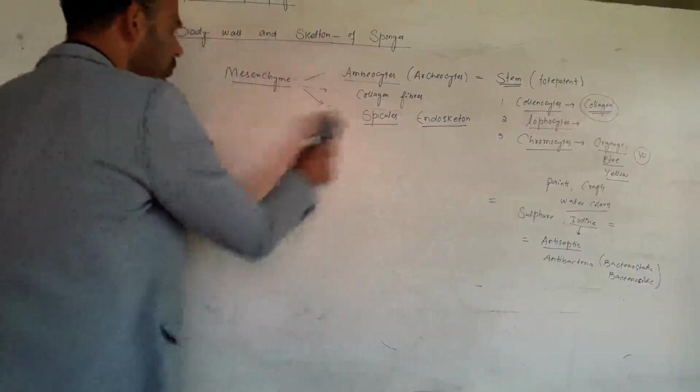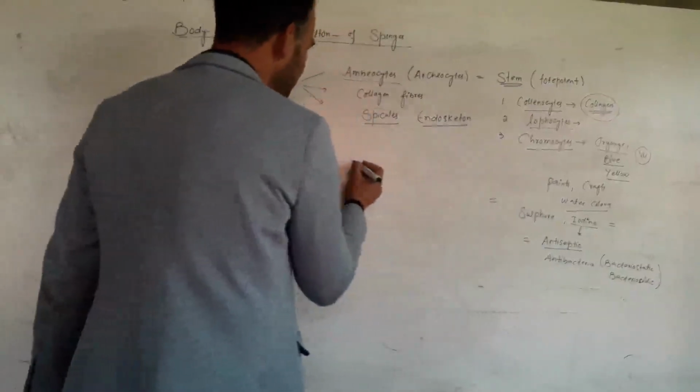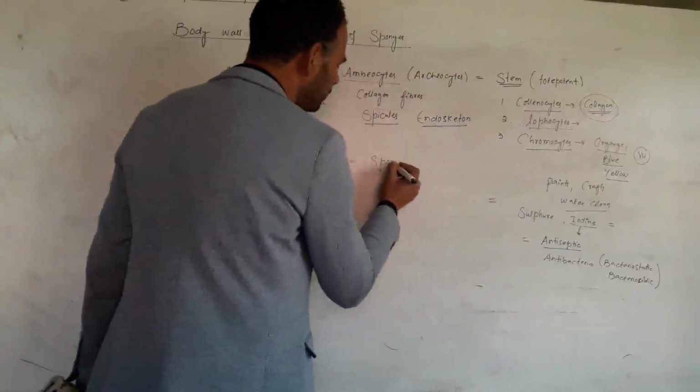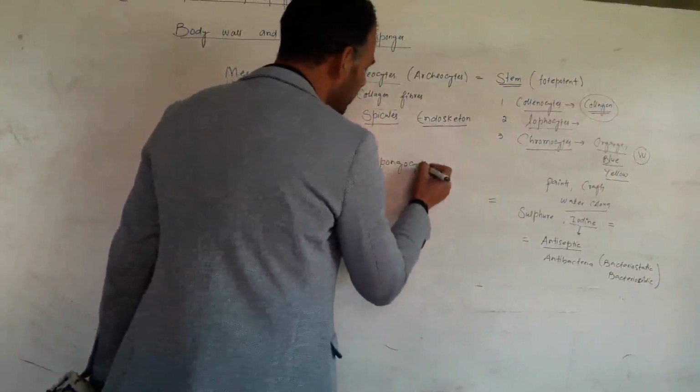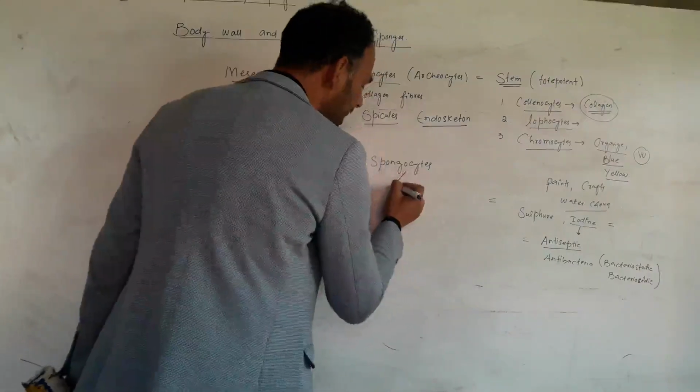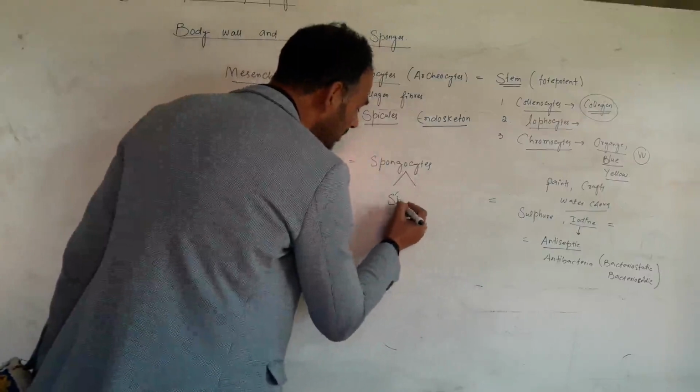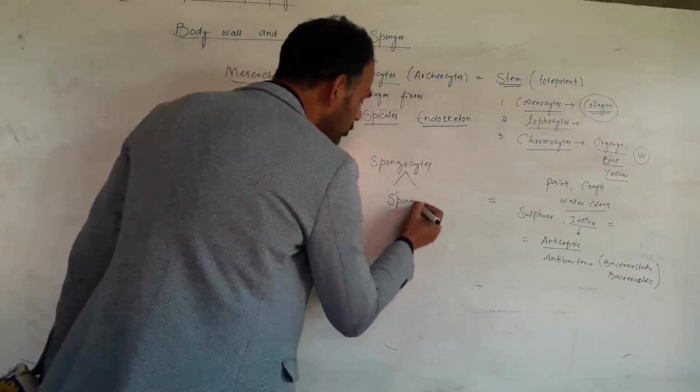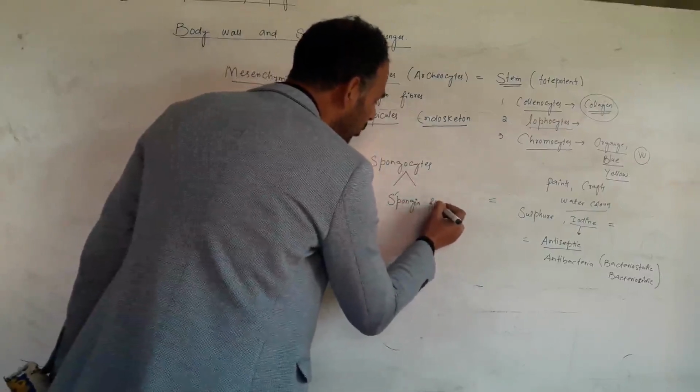In addition to these cells, there is another type of cell called spongiocytes. These spongiocytes secrete spongin fibers. These spongin fibers are modified collagen fibers.